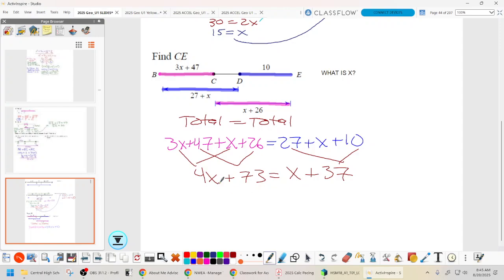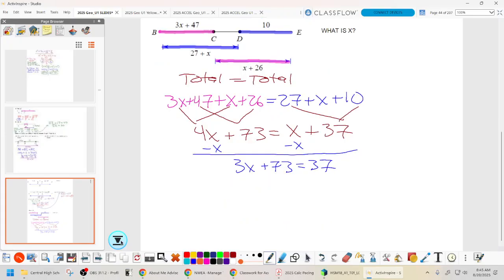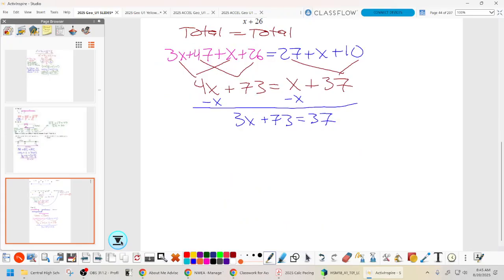We need to get these x's. So subtract that x, subtract this x. We'll get 3x. Subtract 73. Okay, here's a good reason to have one.